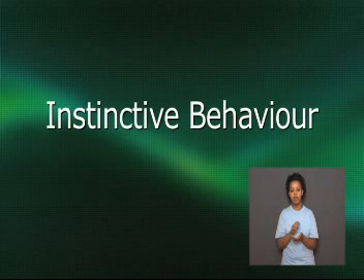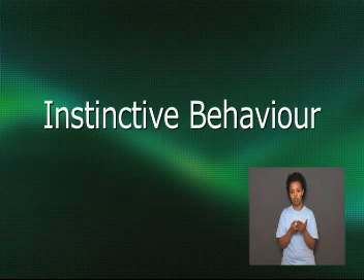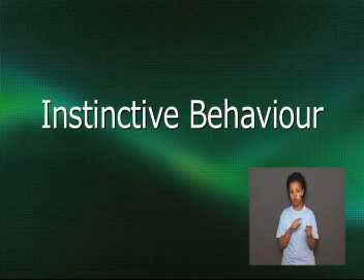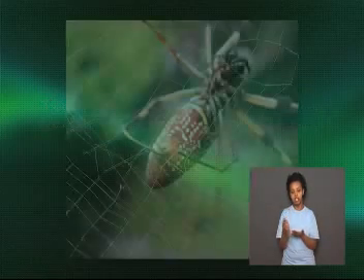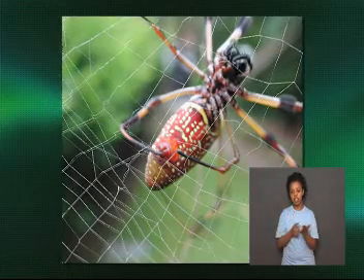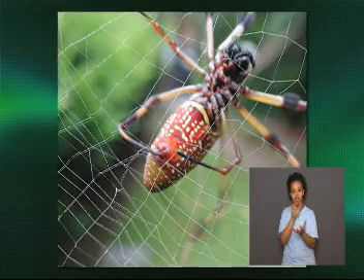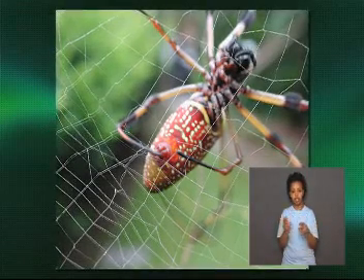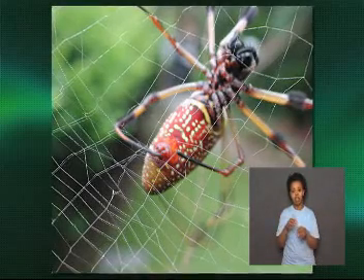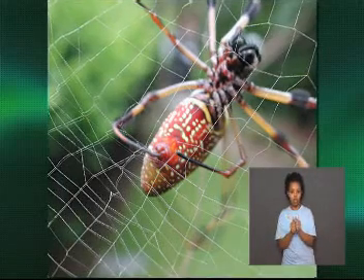Instincts often involve a complex sequence of actions that the organism is capable of doing without having to think about it. An example of instinctive behavior is a spider weaving a web. The spider has never been taught how to weave a web. Rather, it is born with the ability to carry out this task every time.